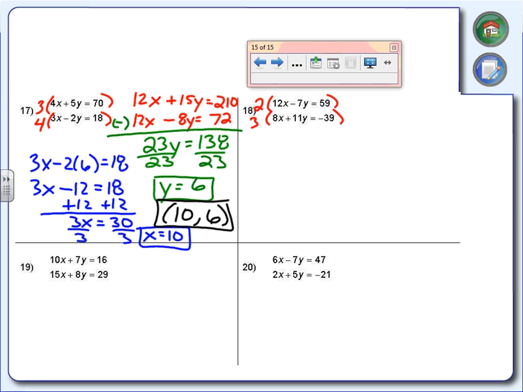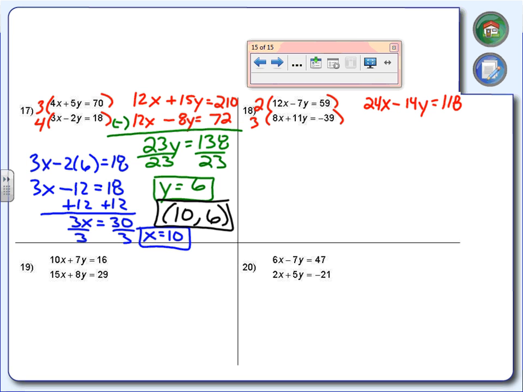All right, let's go ahead and multiply the top equation by 2. 2 times 12x is 24x. 2 times a negative 7y is a negative 14y. And 2 times 59 is 118. So there's the first equation.